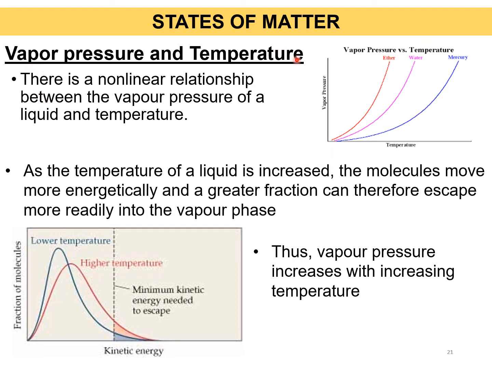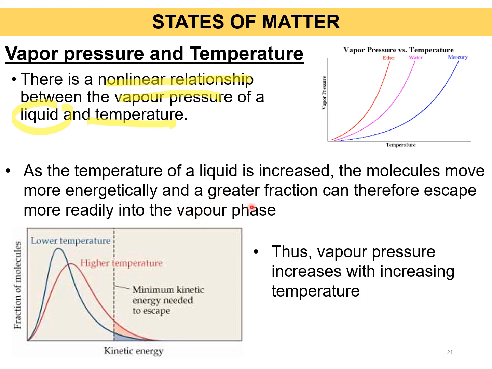How about the relationship between vapor pressure and temperature? Actually, there is a non-linear relationship between vapor pressure and temperature in a liquid. As you increase the temperature of a liquid, the molecules obviously move more energetically, because their kinetic energy also increases.